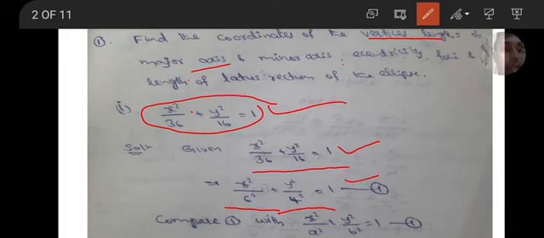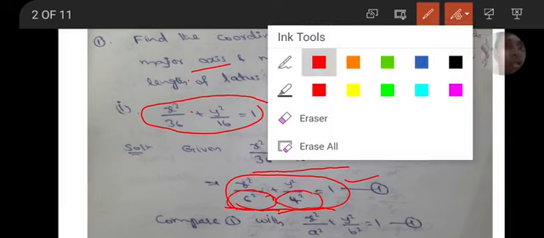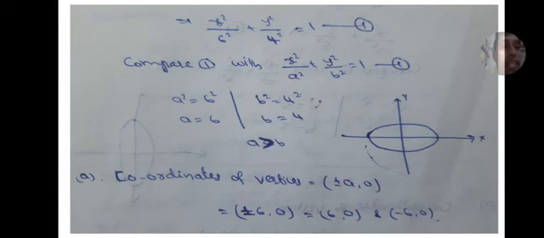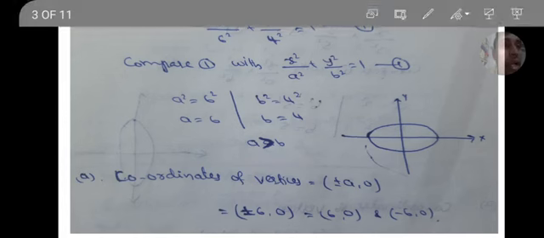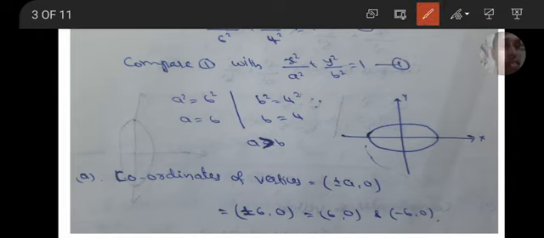Take this as equation 1 and compare it with the standard form x square by a square plus y square by b square equal to 1. We get a square equal to 6 square, b square equal to 4 square, that is a equal to 6, b equal to 4.